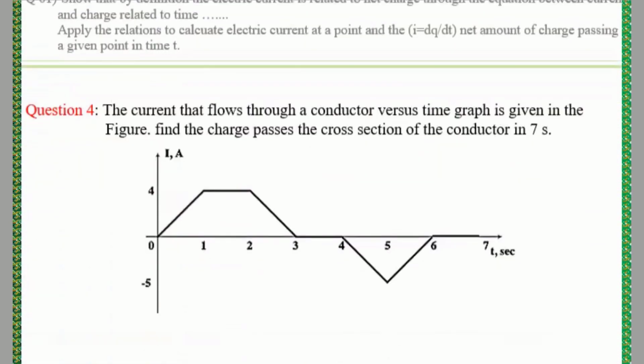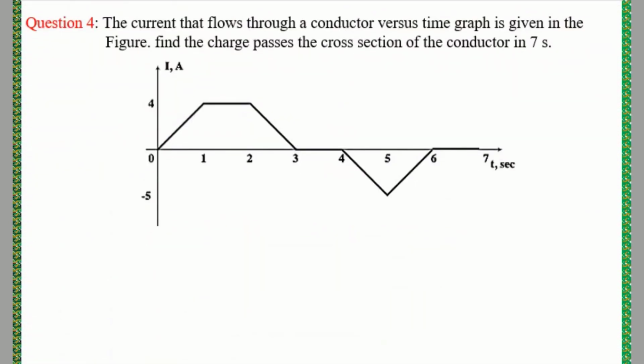Now question number 4, the same idea. We have a current as a function of time, but we have a graph of it. The current that flows through a conductor versus time graph is given in the figure. Find the charge that passed the cross-section of the conductor in 7 seconds.